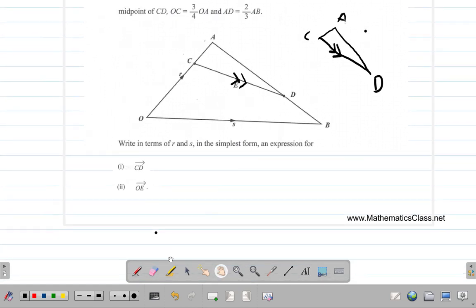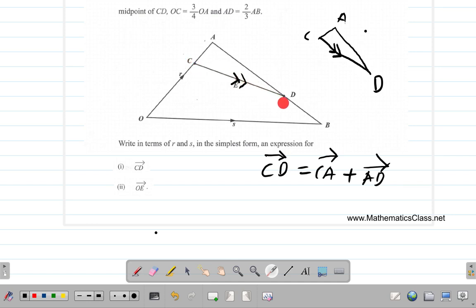This resultant vector CD is equal to going from C to A plus going from A to D. You can walk from C directly to D along this straight road. It will be a longer route, but you end up the same place as when you go from C to A, turn the corner, then go from A to D.